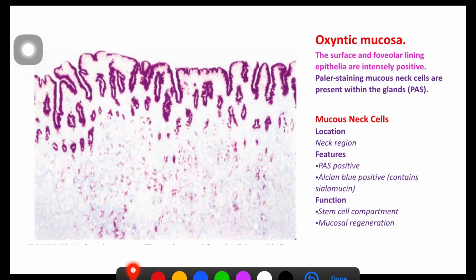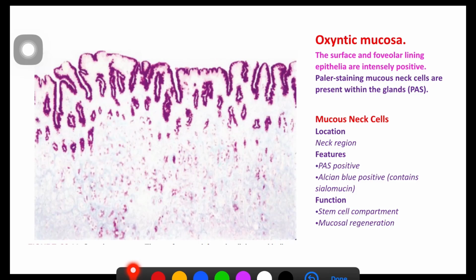Now if we want to highlight the cells with the special stain, PAS stain, in this oxyntic mucosa you can see the surface foveolar lining is intensely positive, whereas pale stained mucous neck cells are present beneath, in the neck region of the gland.